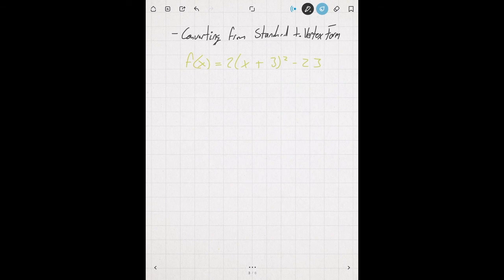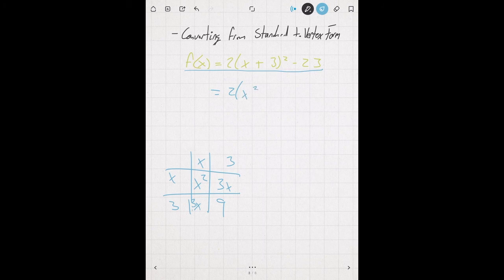All right, the question was, how do I know that this function satisfied the original function? How do I know that they were both the exact same functions? Well, all we need to do is simplify this. So let's start by figuring out what this x plus 3 squared is. So that's 2 times x plus 3 times x plus 3. If I use the box method for that, I would end up with an x squared, a 3x, another 3x, and a 9.